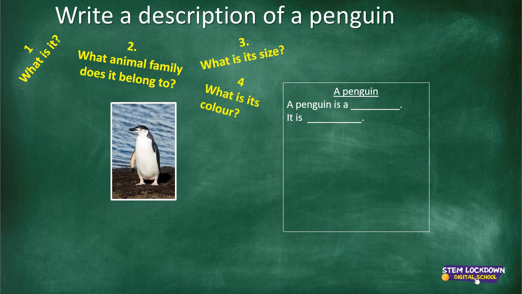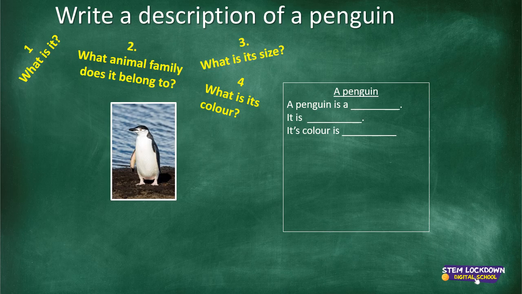What is its color? Look at the colors, and then write the sentence. Its color is, or you could say its colors are, because there's more than one color, and write down what the colors are in a full sentence, okay? Right, you got that?